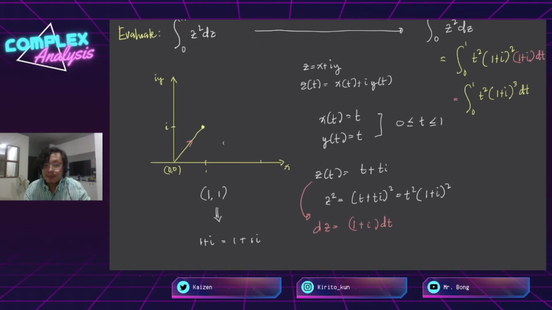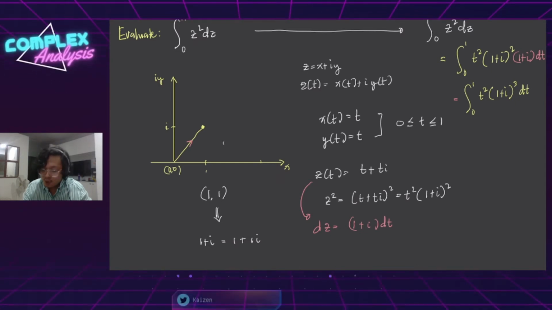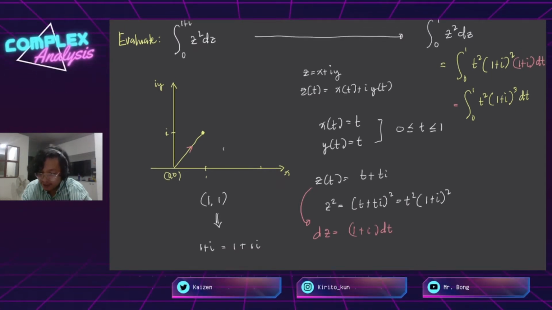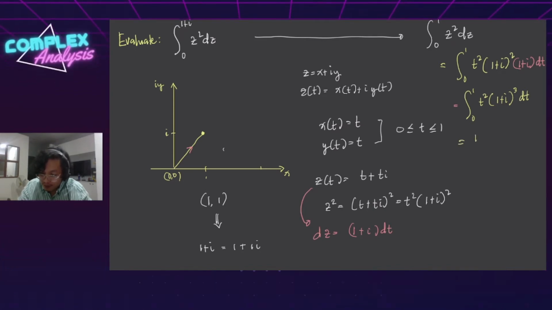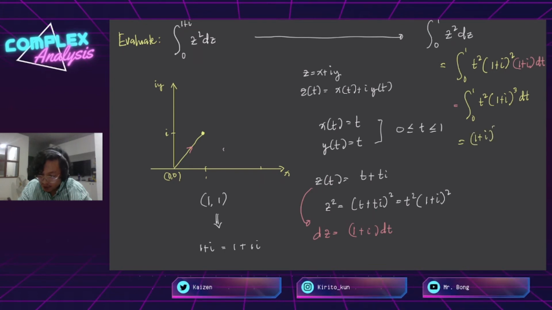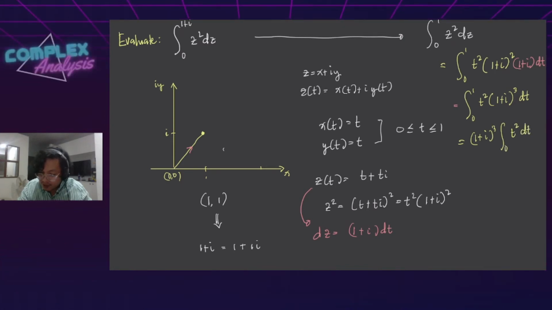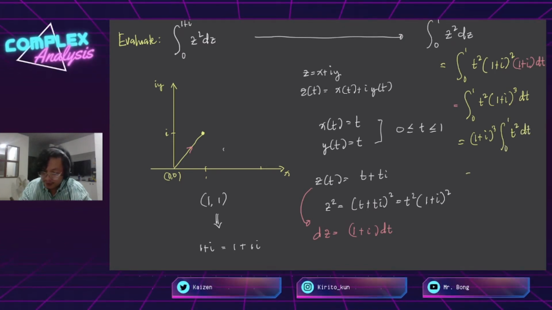Okay? But since 1 plus i is a constant, let's put that outside the integral sign. So we'll have (1 plus i) cubed times the integral of t squared dt from 0 to 1. Okay? So let's integrate t squared from 0 to 1.